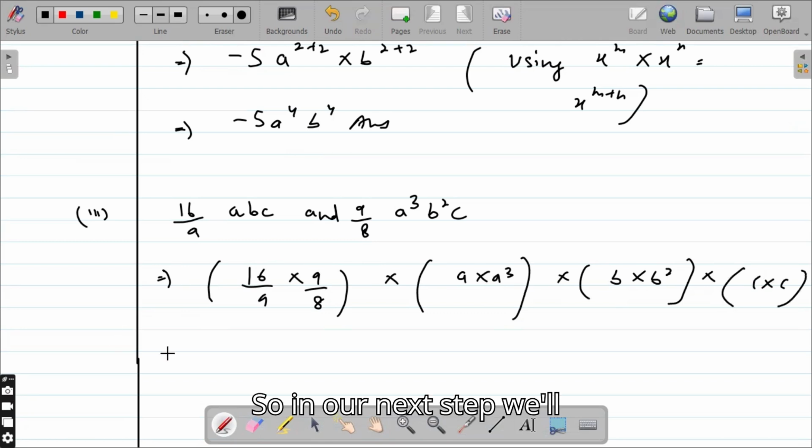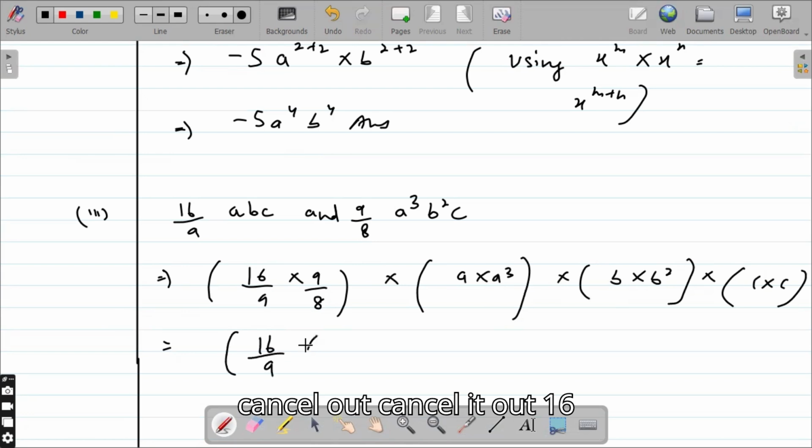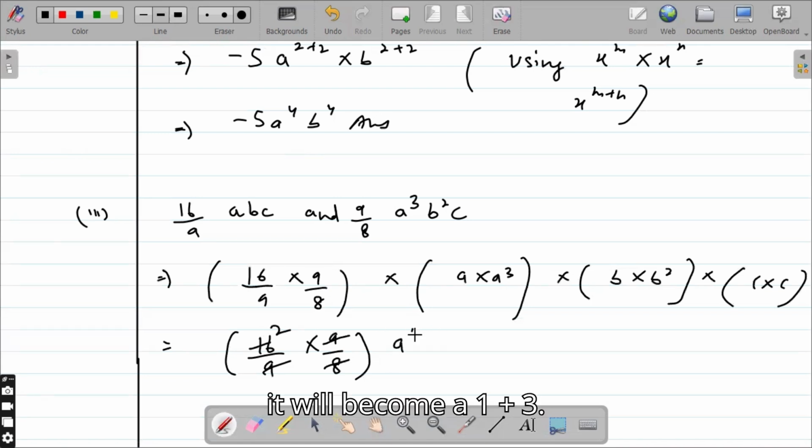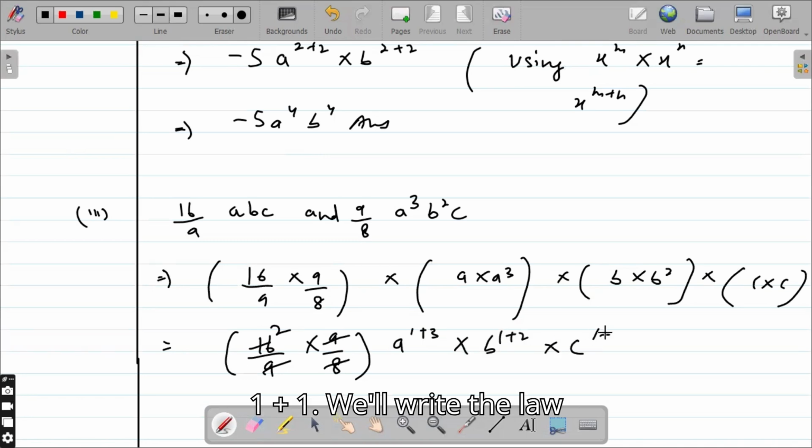So in our next step, we'll cancel it out. 16 by 9 into 9 by 8. So 9 8s are 72, and 8 2s are 16. It will become a to the power 1 plus 3 into b to the power 1 plus 2 into c to the power 1 plus 1.